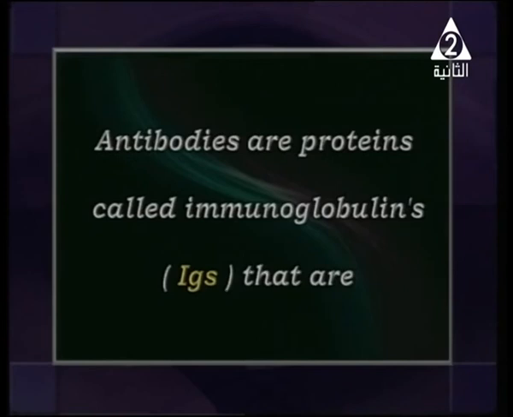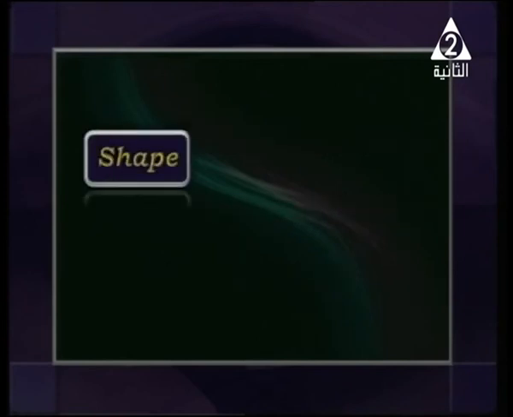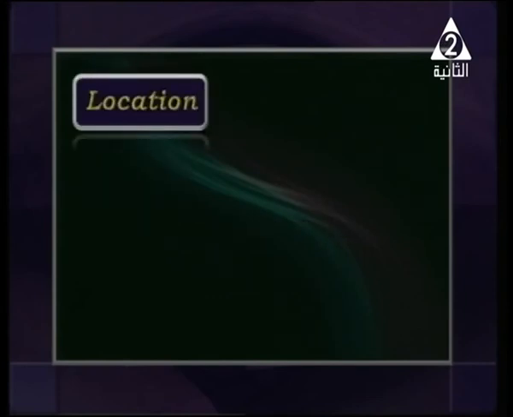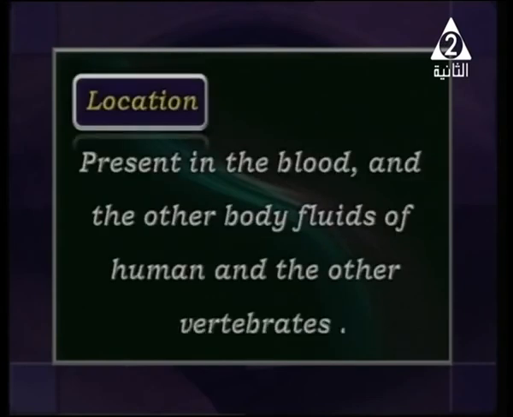Well, number one, the shape of the antibodies. They look Y-shaped. What about the location? They are present in the blood and the other body fluids of humans and the other vertebrates.